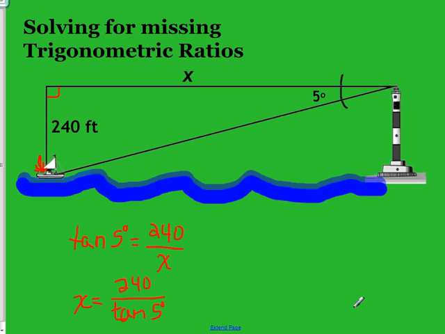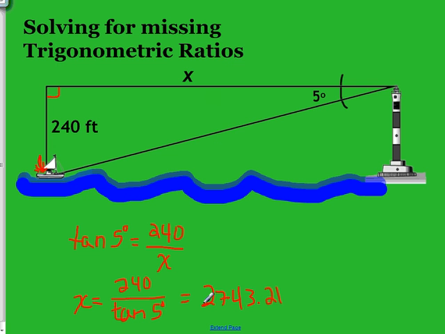In this case, it equals 2,743.21. That would be your answer, so this entire side would be 2,743.21 feet.